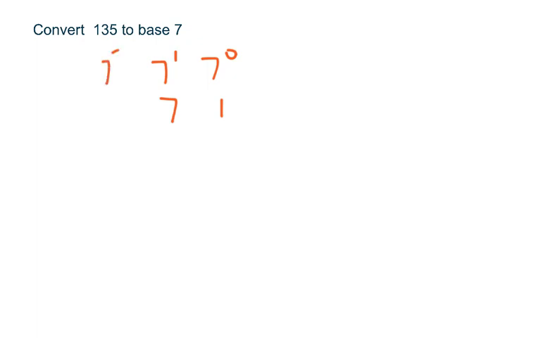We'll have 7 to the second power, which will be our 49s column, and next would be 7 to the third power, which would be our 343s column. Well, the number I'm converting is 135, so I'm not going to need any of these. So I'm going to have a 1s column, a 7s column, and a 49s column. I just need to figure out how many of each of those I'm going to need to write the number 135.